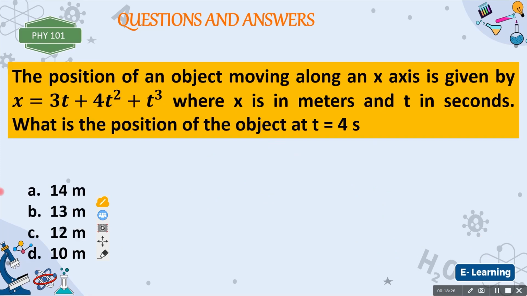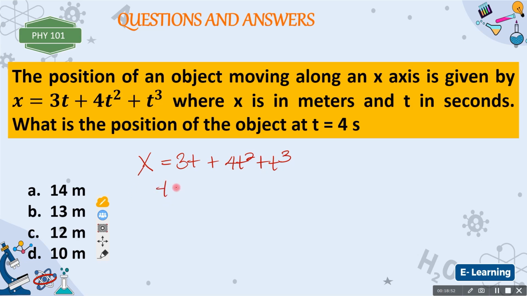Now the next one, the position of an object moving along an x-axis is given by this, where x is in meters and t is in seconds. What is the position of the object at t equals 4 seconds? They gave you the position as 3t plus 4t squared plus t to the power of 3.